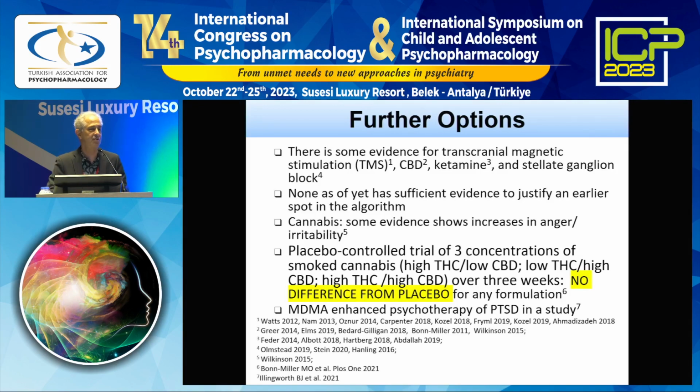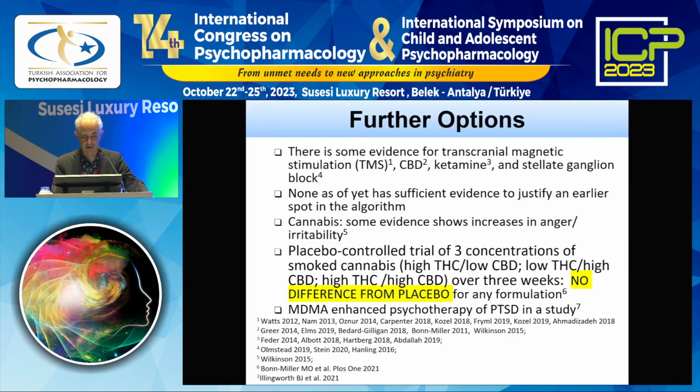So they're convinced that it works, but it doesn't. And in fact, some studies show increased anger and irritability. The Wilkinson study in 2015 found that the cannabis users are more angry than the comparable ones not using it.